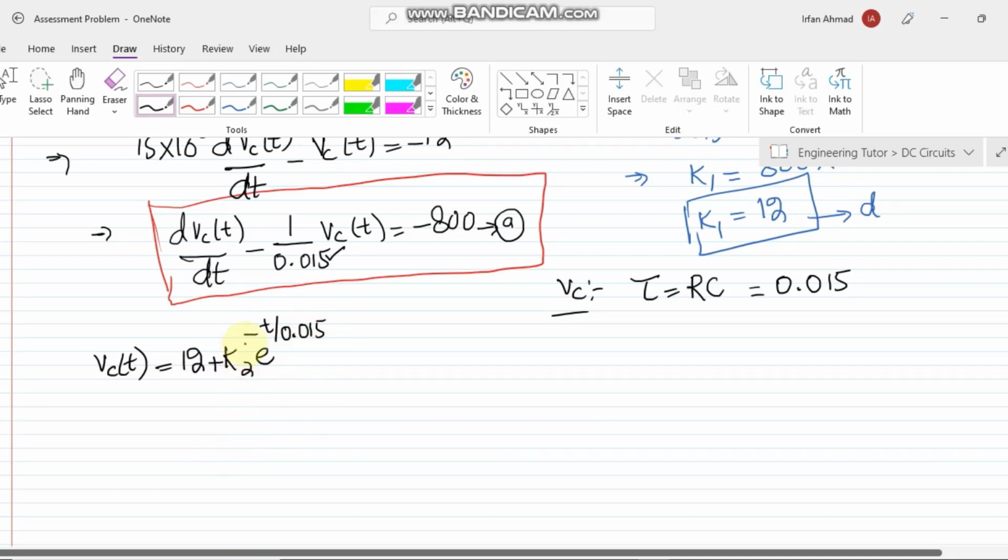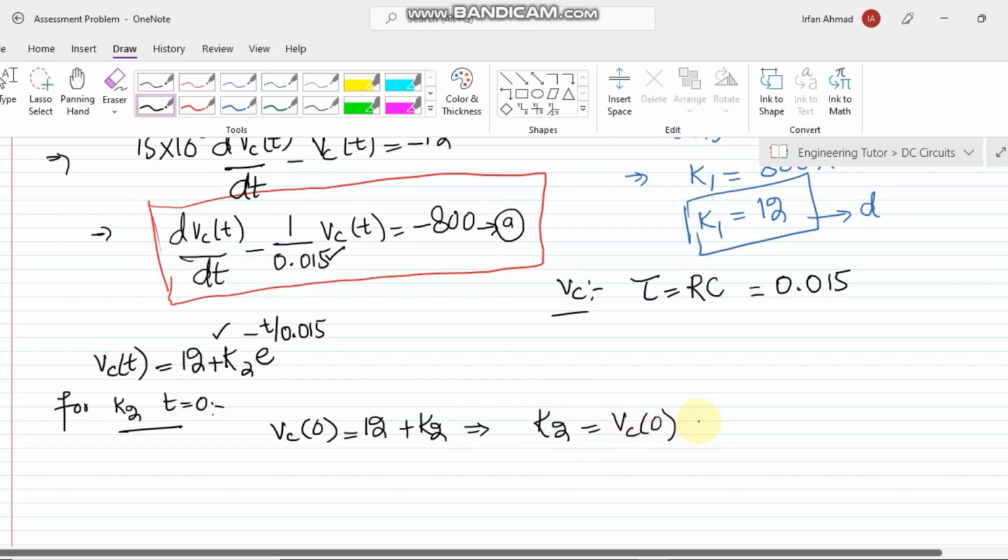Okay, now what we have to do, we have to find the value of k2. In order to find the value of k2, let me put t equal to 0. So now when I put t equal to 0, all t's here will be 0, and here it will be 12 plus k2. Okay, or the value of k2 is VC(0) minus 12.